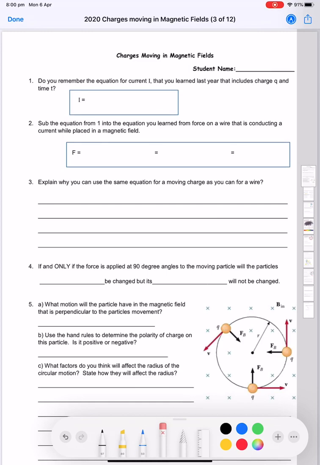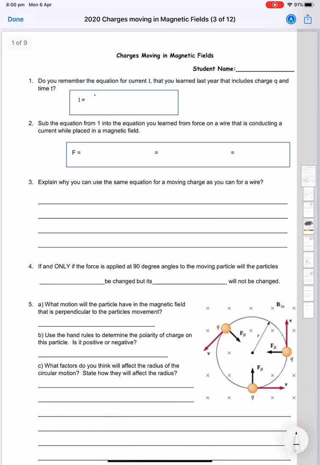So first of all, hopefully you remember in year 11 that you had an equation for the current. And that equation is Q divided by T, or you can use a small q over T. And Q is the charge in coulombs.